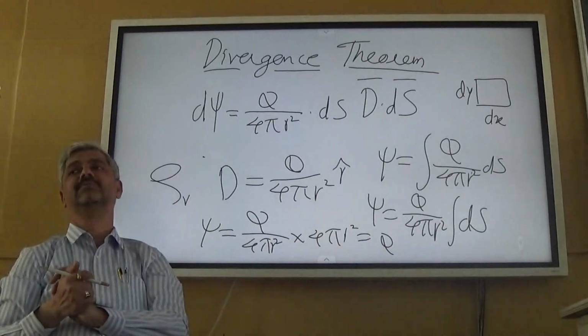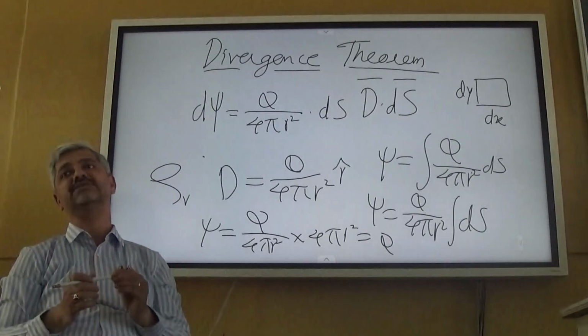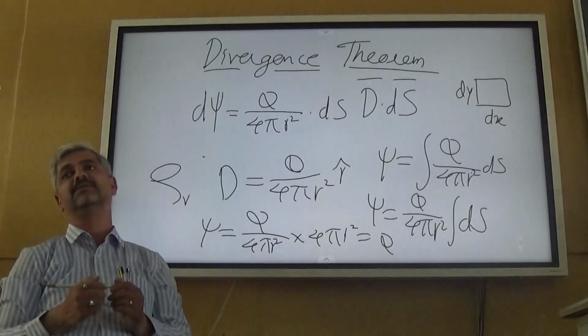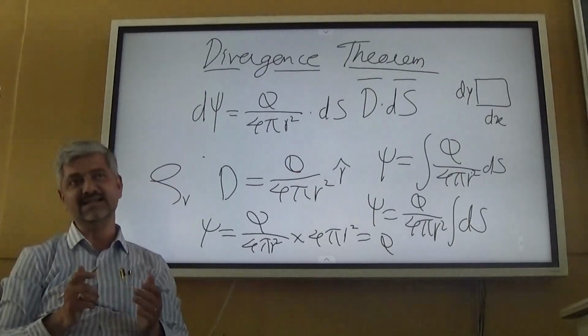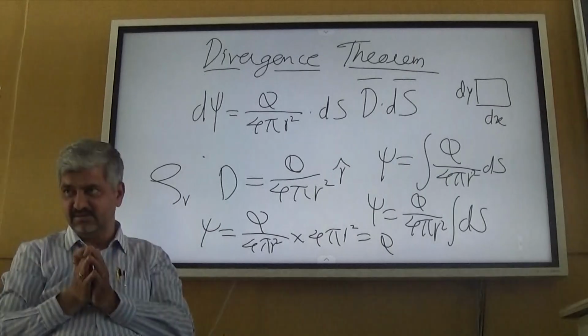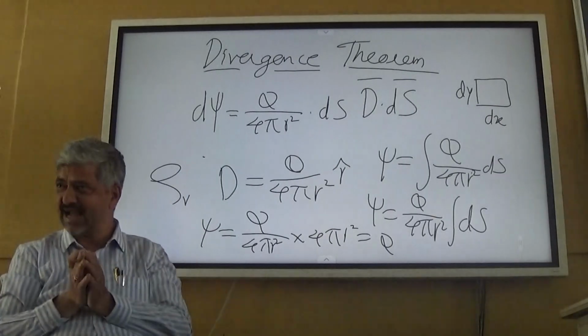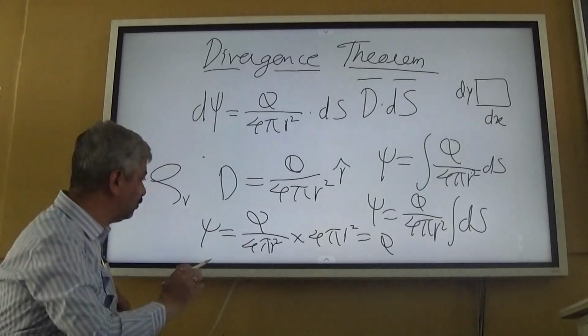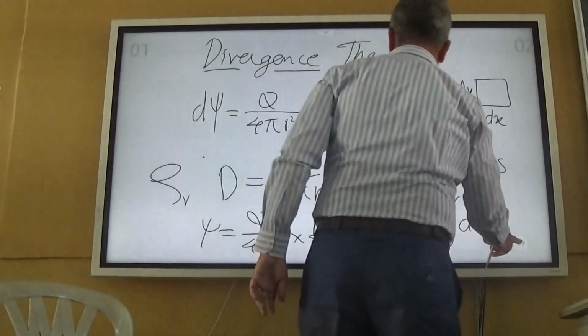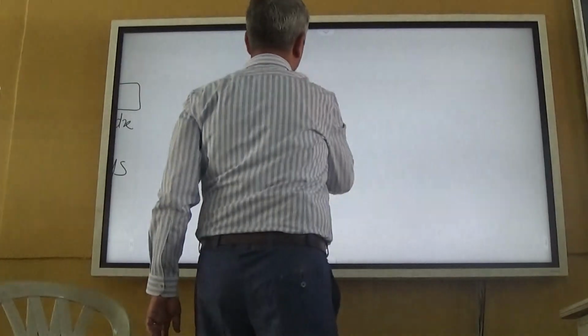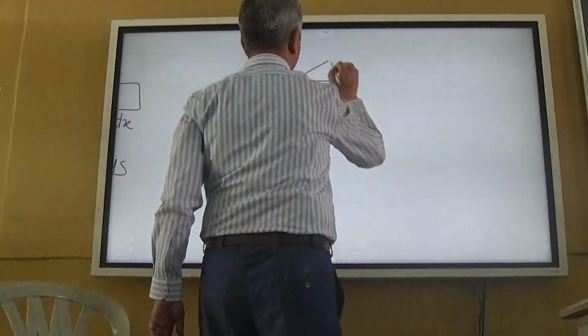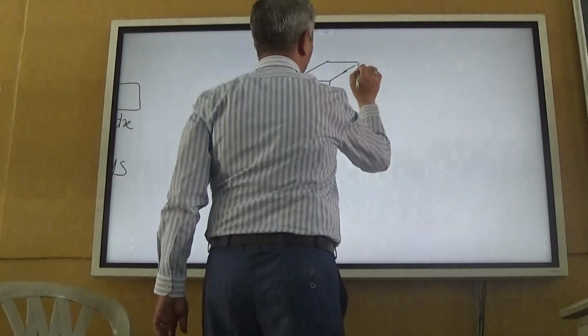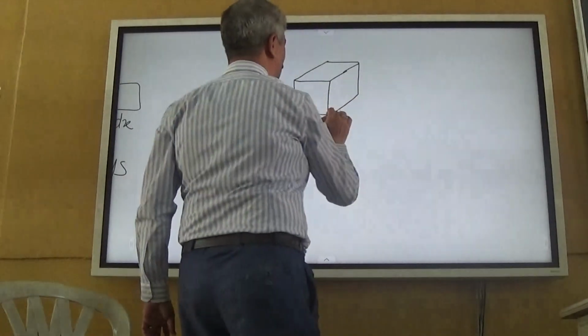Now, if I choose a small cube, we started with a 2 meter side cube. Now I start with a small cube. I say small cube, what should be the dimensions of the cube to start with?